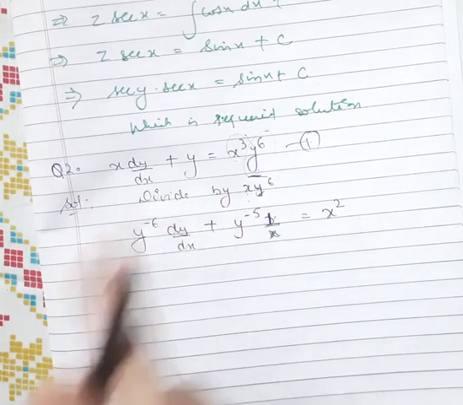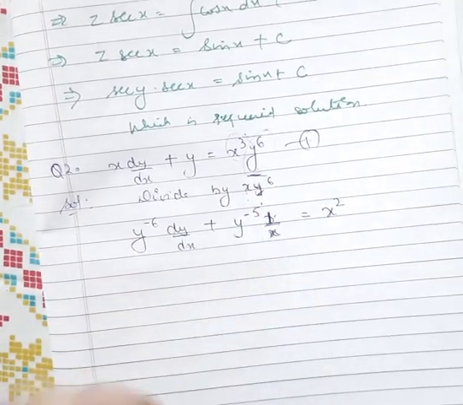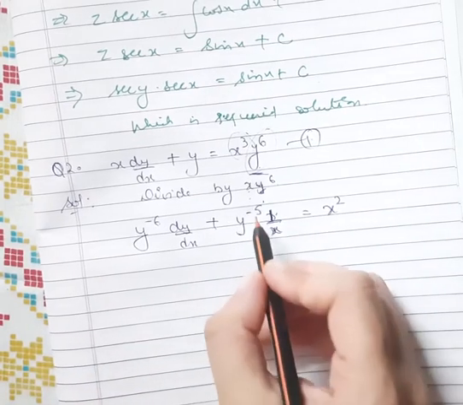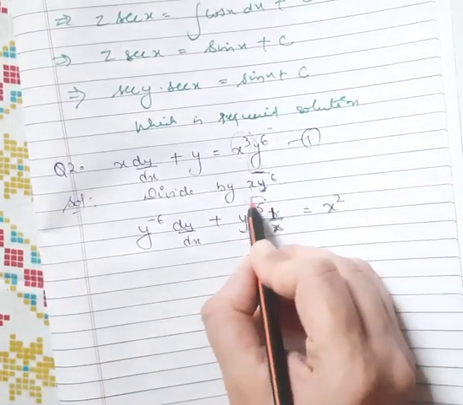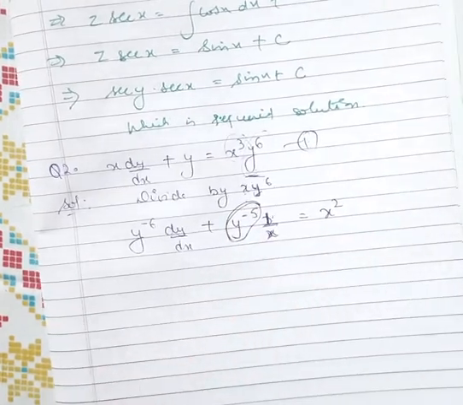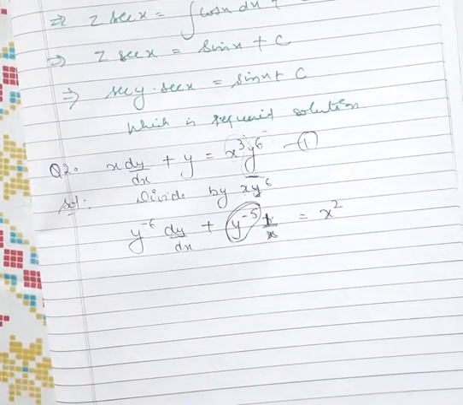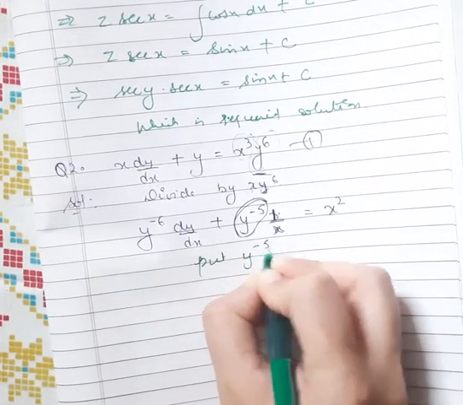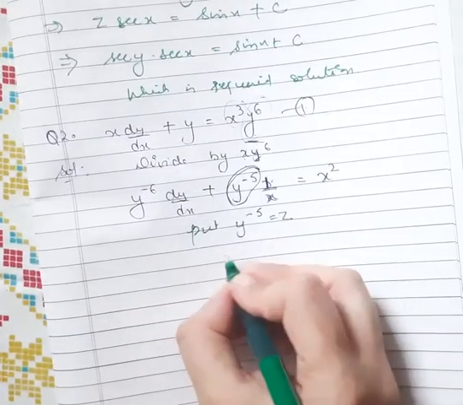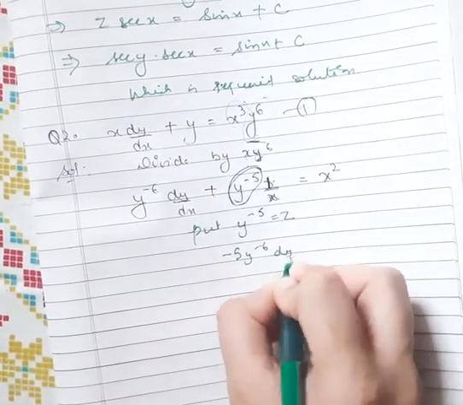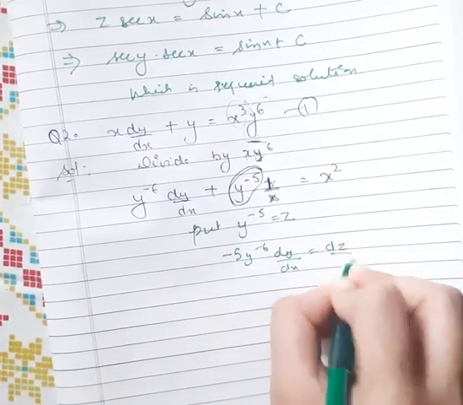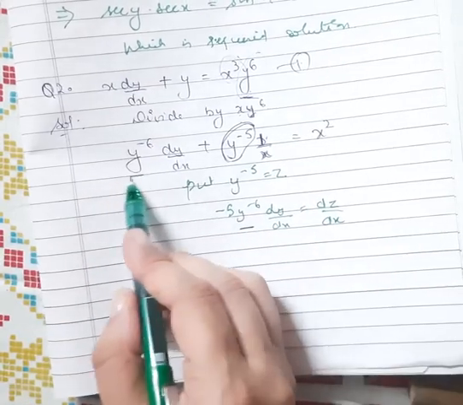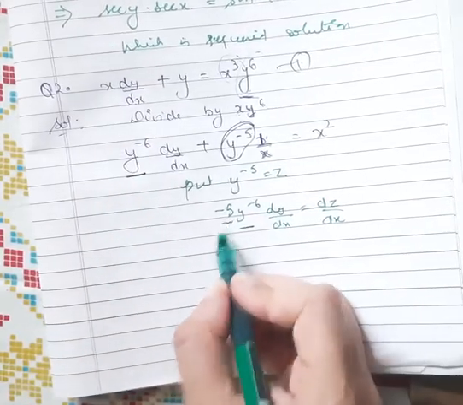Now what I told you in the last example, once you are done with the dividing, now what you have to do is just substitute y raised to power minus 5 as some another variable. अभी इसे हम पुट कर देंगे y raised to power minus 5 को z, put y raised to power minus 5 as z, do the differentiation, minus 5 y raised to power minus 6 dy by dx is equals to dz by dx. Like I told you earlier as well, every time you are going to have the same expression, the only difference can be of a constant number.